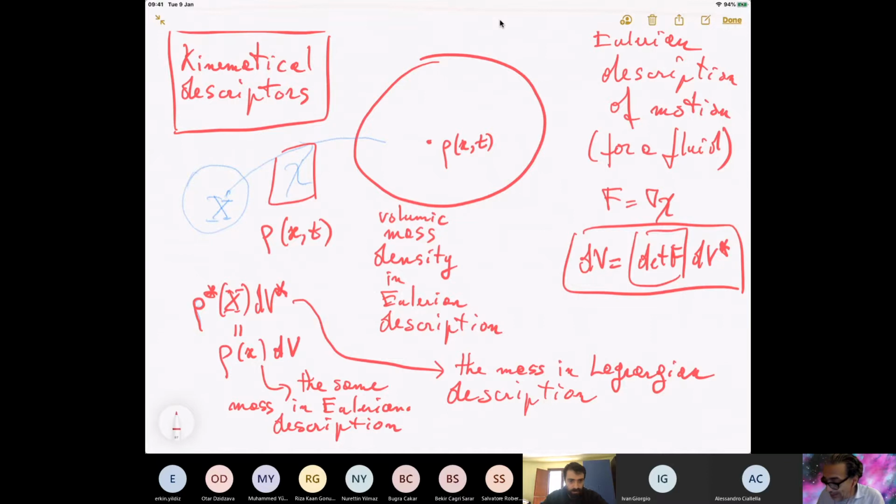So knowing the placement of our continuum, you can define the Eulerian field of volumic mass density in the Eulerian description. Then, in every point, you can define V of x and t, which is the velocity field which we have just defined.